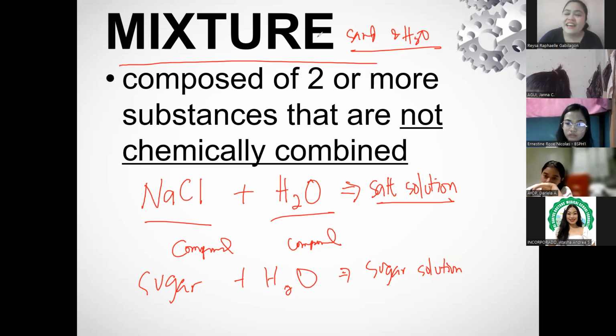Anyway, those are the gases that we can find in our air. And then again, they are not chemically combined with each other. They just exist there in the air. Walang chemical reaction na nangyayari. Later, I'll be teaching you also how do you know na merong chemical reaction. Para alam nyo kung meron ba or wala. Okay?